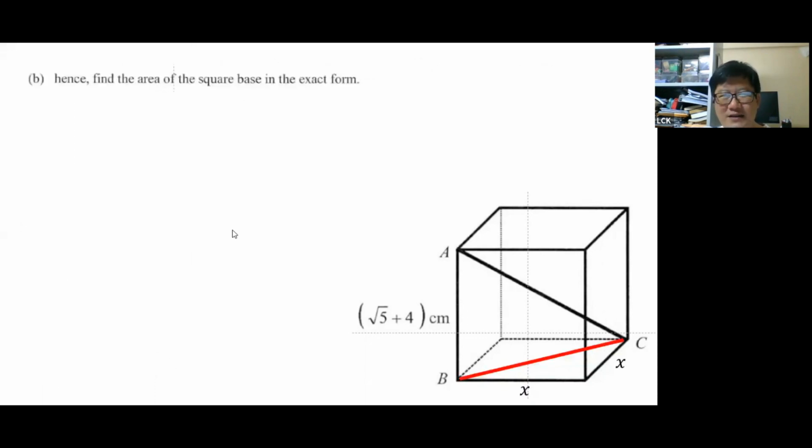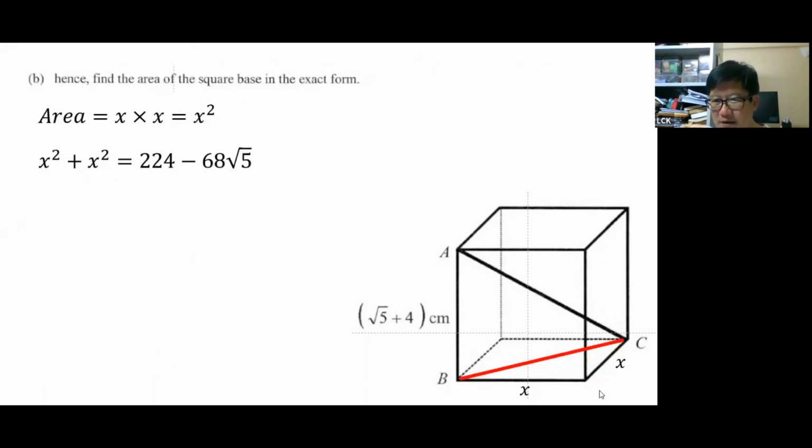So here I found that x squared plus x squared, from Pythagoras Theorem, equals BC squared, what I have found in part A. All right, hence means I have to use the results from part A. I cannot ignore the results from part A. I have to use it.